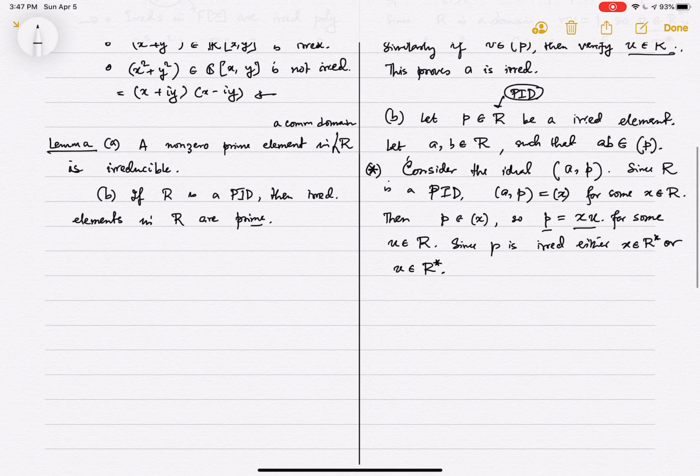Let's take them in turn again. Case 1, assume x is a unit. So if x is a unit, that means that 1 is a multiple of x.